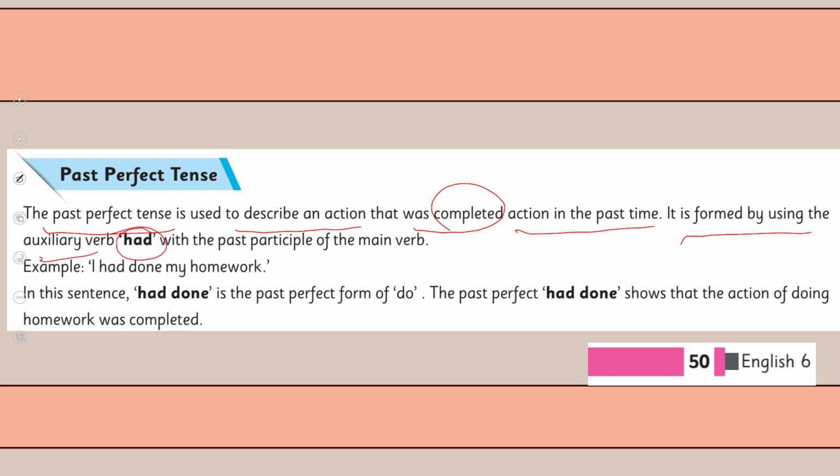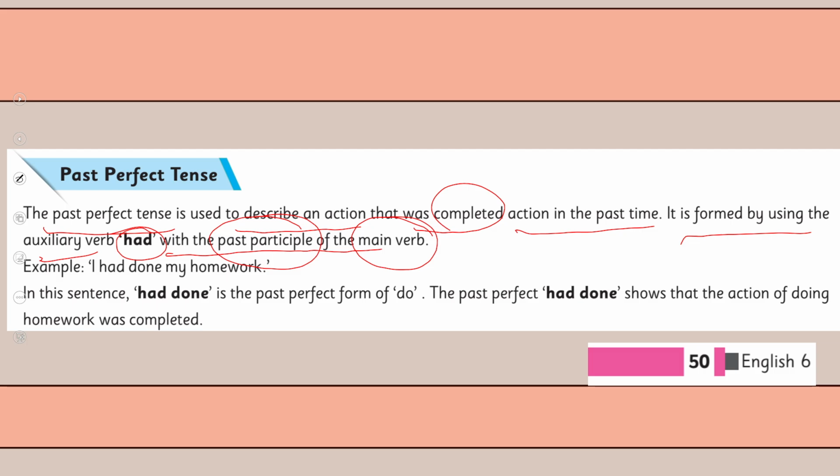It means that unlike simple past tense, here we use auxiliary verbs and helping verbs like had. Had is very common, students, so you need to be very careful and use it in your past perfect tense. So, the auxiliary verb had with the past participle of the main verb. It means the main verb will be transformed into the past participle form.